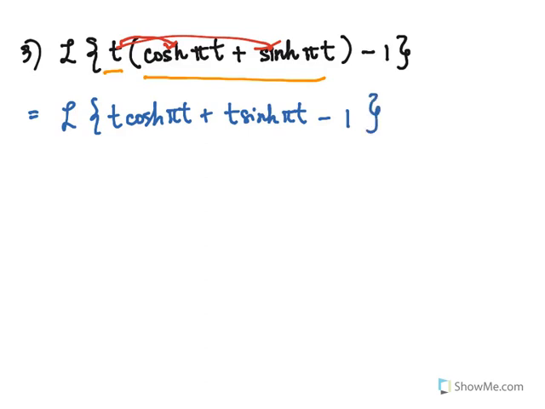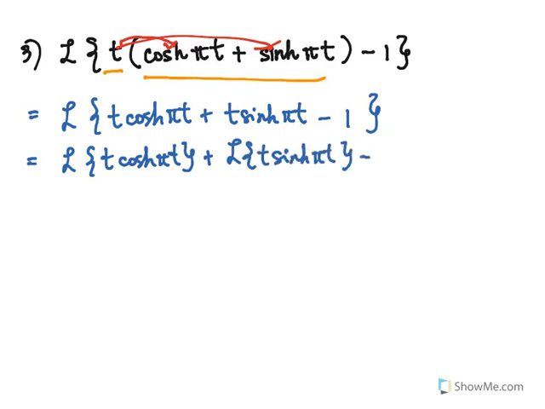The 1 is not affected by t because it's not included inside the parentheses. So getting the Laplace transform, Laplace transform of t cos pi t plus Laplace transform of t sin pi t minus Laplace transform of 1.